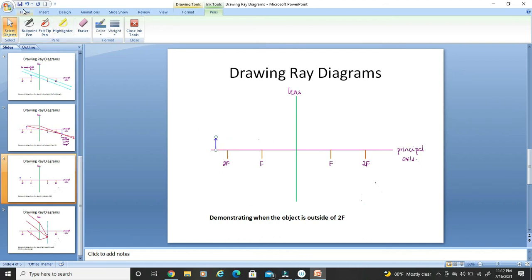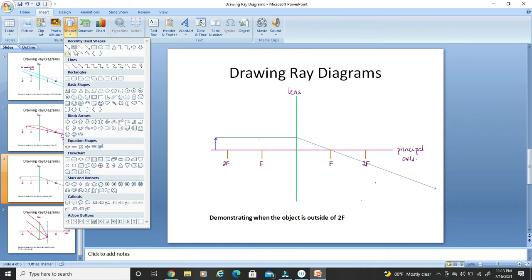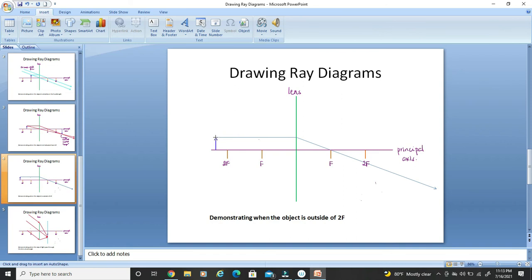Okay, so now we're going to move the object to the left of twice the focal length. So this is further than twice the focal length. The ray is going to come off the top of the object, same thing, and pass diagonally through the focal point.